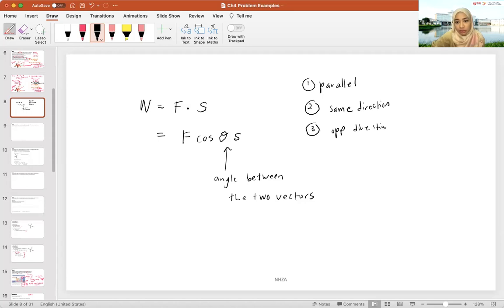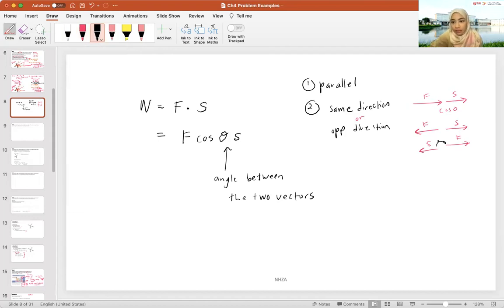Okay, contohnya, if they are same direction, F dengan S sama macam ni, angle between them is cosine 0. If they are opposite direction, F macam ni, S macam ni, ataupun F macam ni, S macam ni, the angle between them is 180.